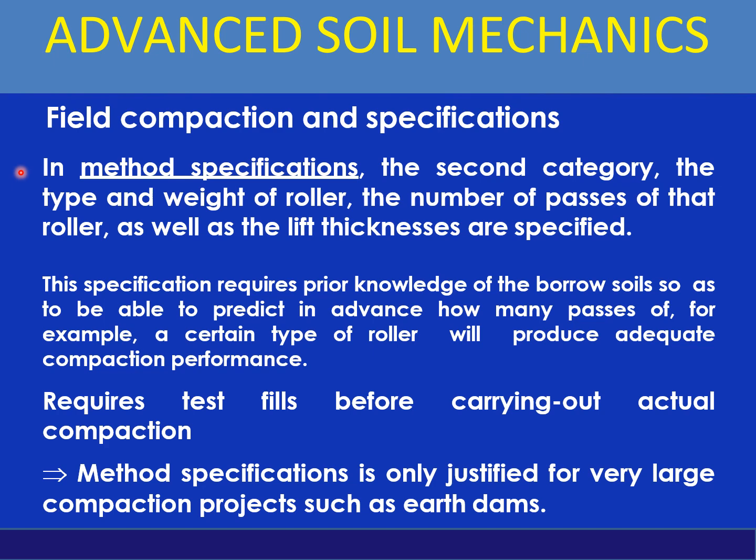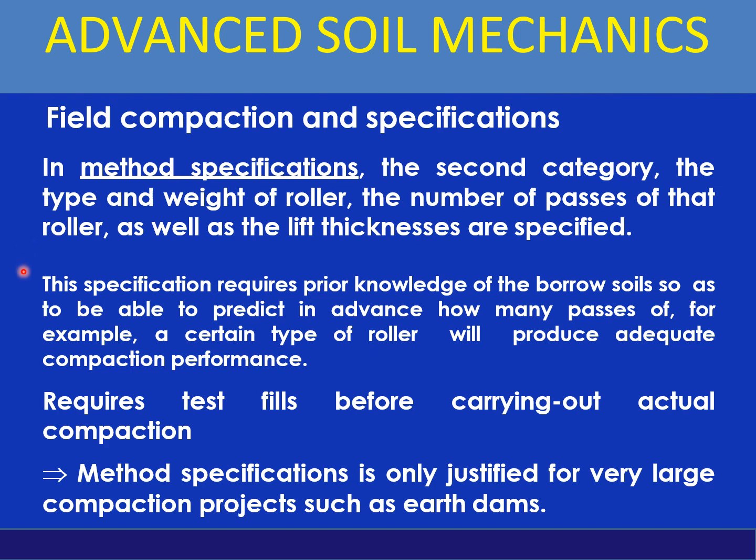Well, now the other specification, that is the method specification. In method specification, the second category, the type and weight of roller, the number of passes of that roller, as well as the lift thicknesses are specified.